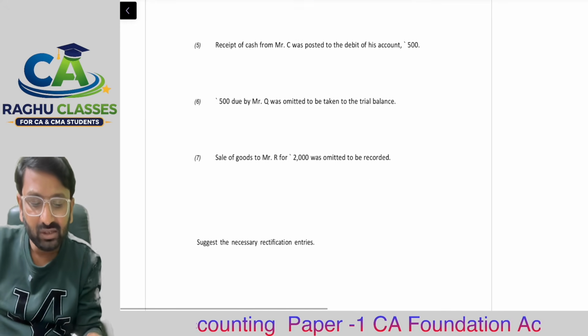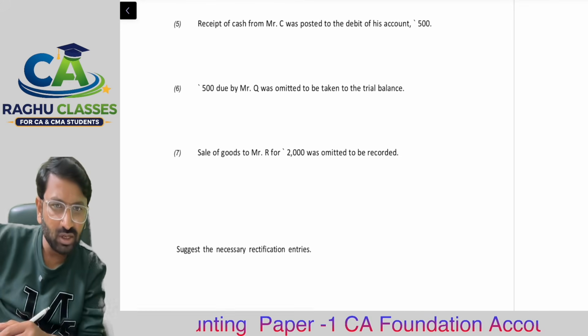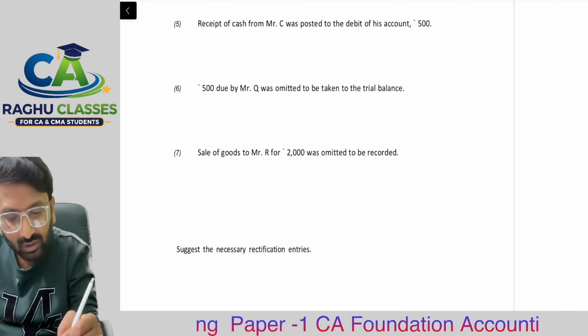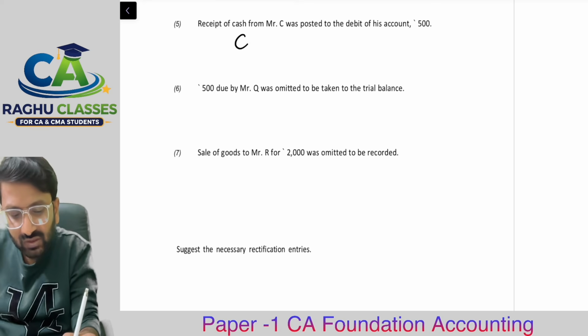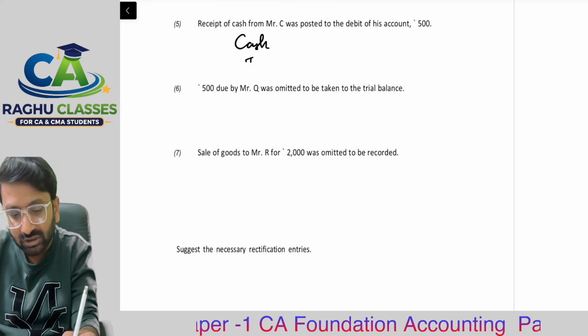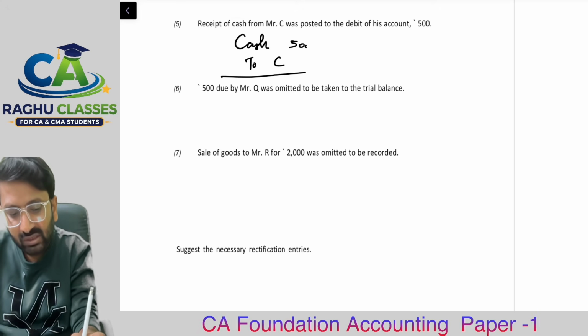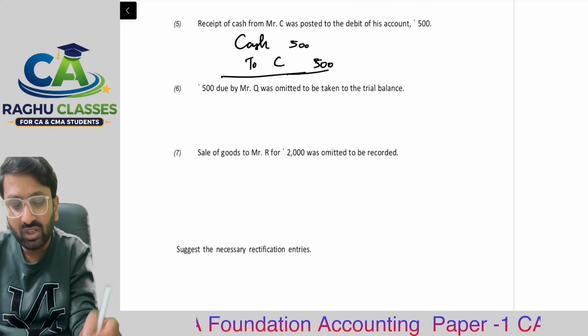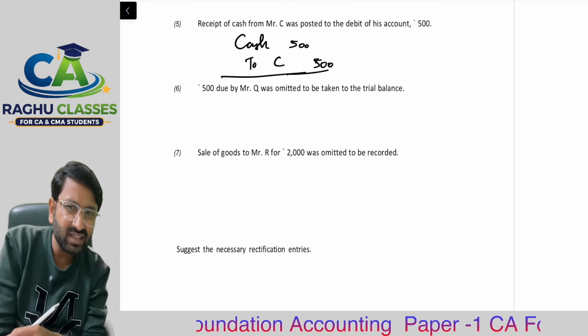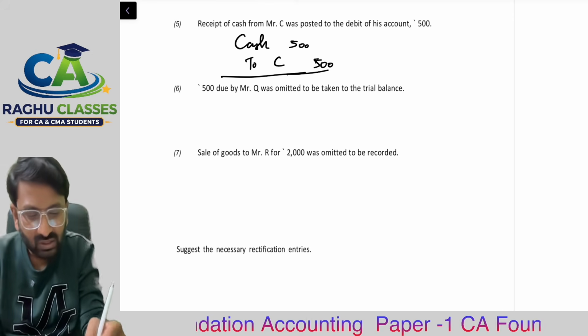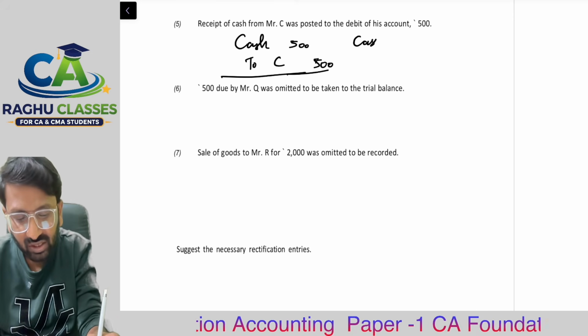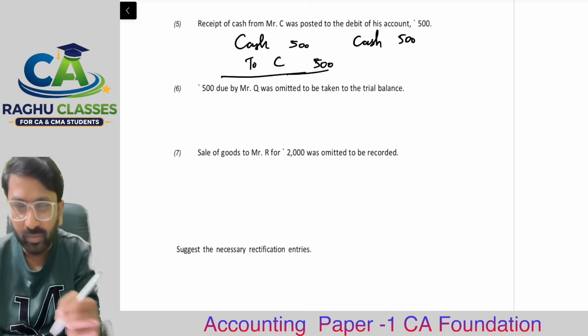Next one. Receipt of cash from Mr. C posted to the debit of his account. So when you get cash from C, can we say the entry should be cash account debit to C, 500 rupees? This was posted to the debit of his account. So the mistake is happening while posting. Since recording is done correctly in the cash account, there should not be a problem.